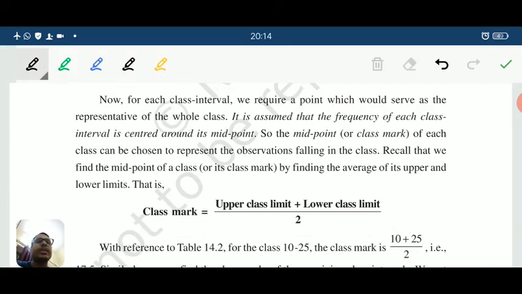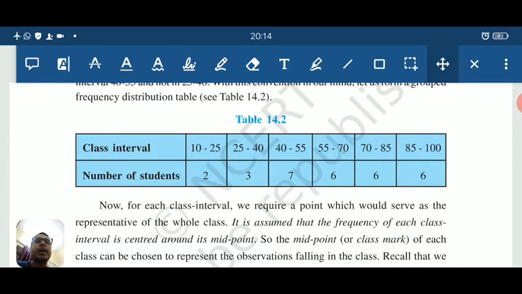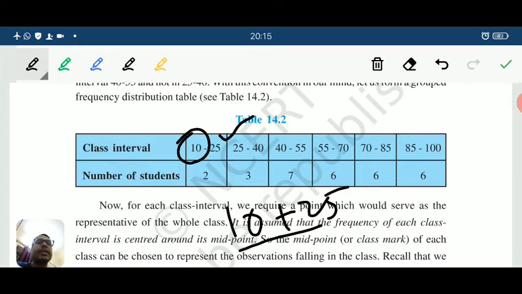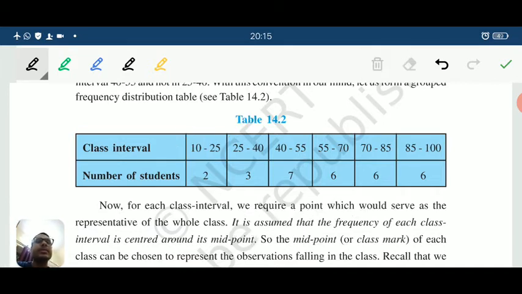What I mean to say here is, upper class limit is 10, lower class limit is 25. So 10 plus 25 by 2. Okay, that is nothing but the average of the class interval. For a single class interval, that is 10 to 25, 10 plus 25 by 2. Simply we are finding the mean of the end values.